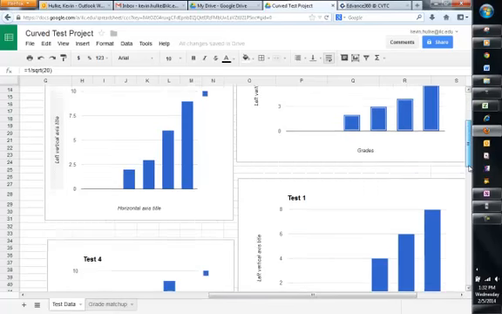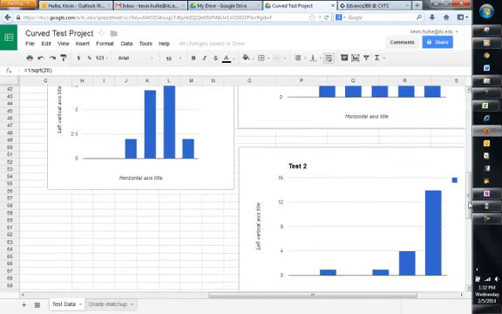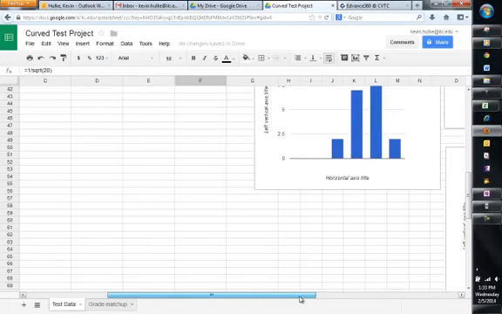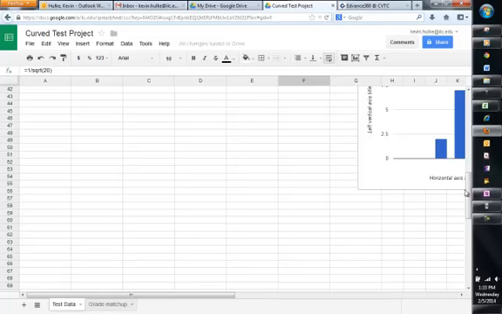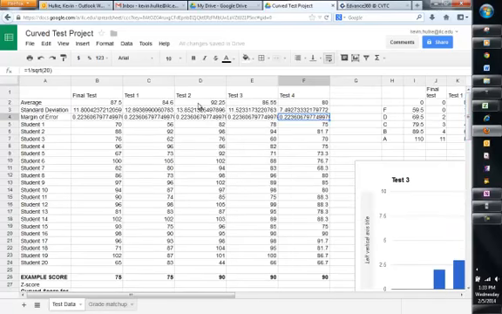Test 2, notice there were a lot of people with A's, and the test scores weren't very spread out. Now there was 1 student who had a D, and another student had a C. And if you notice here on our averages, the average was very high, but the standard deviation was very big. In other words, the average was high, but the student scores were very spread out.